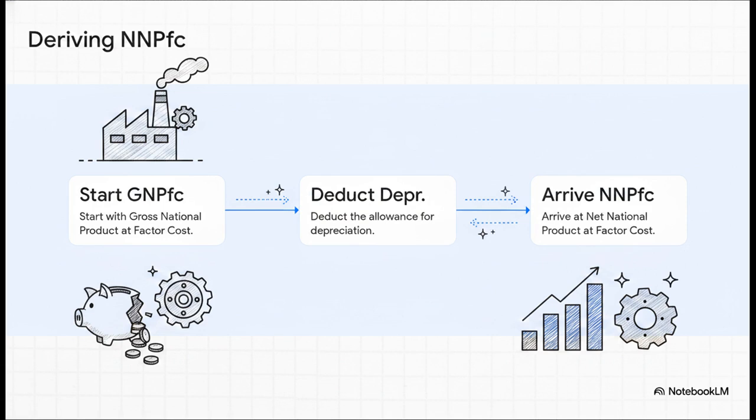Step 2. We must rigorously deduct that allowance for depreciation. In the process of production, plants and equipment wear out, right? We simply cannot count that consumed capital as true income. By systematically stripping away that depreciation, we arrive at Step 3, our target metric, net national product at factor cost. Remember, net is only ever achieved by acknowledging and removing this capital consumption.